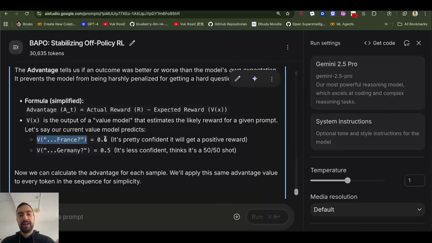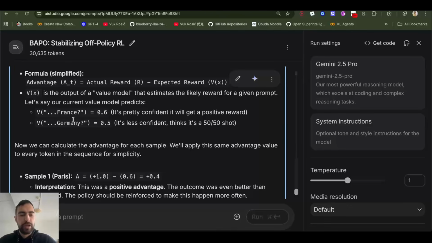Or you can also have another neural network that learns to generate expected reward. That's another way as well, based on this question or other questions in the past. So there are different ways to do it. And each has advantages and disadvantages, but I would leave it for a different whole video. It's complex. So now that we have expected rewards, let's calculate the actual advantage.